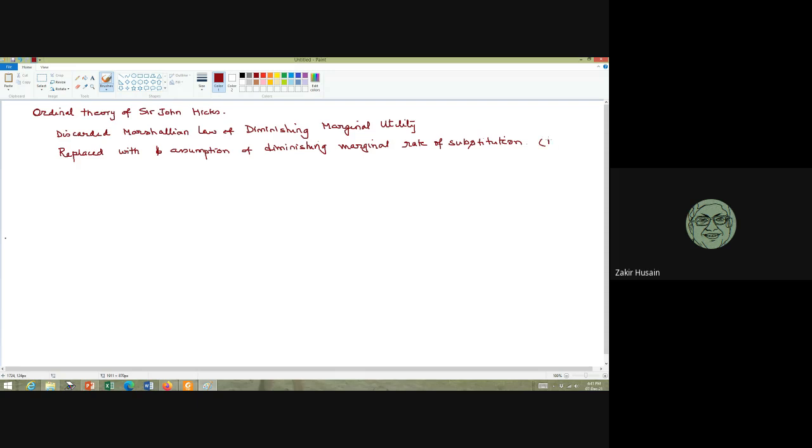The law of diminishing marginal rate of substitution. Now, what is this marginal rate of substitution? It is simply the slope of the indifference curve. It is equal to dx2 by dx1, which we have already shown to be, sorry, this is u1 by u2.